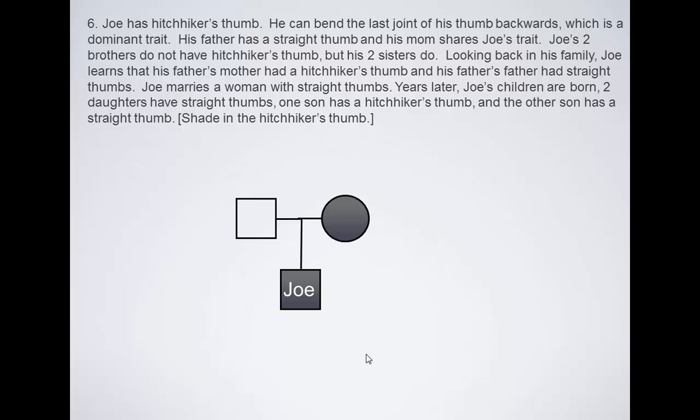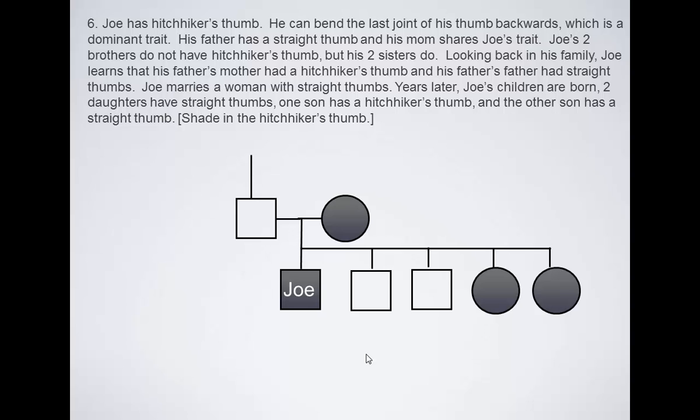Joe has two brothers as well, so they go next to him. His two brothers do not have it, so they get blank squares. But his two sisters do have it, so they get shaded circles. So now we have Joe, his brothers and sisters, and his parents.